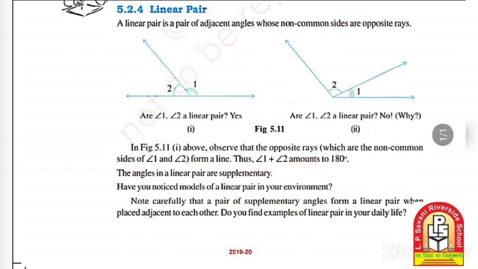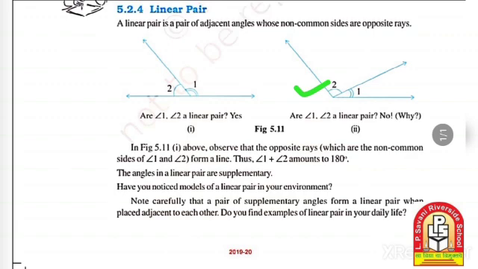This kind of pair is known as a linear pair because their two non-common sides make one proper line. In this figure, 2 and 1 are non-linear because their non-common sides do not make one proper line. So this is known as a non-linear pair.